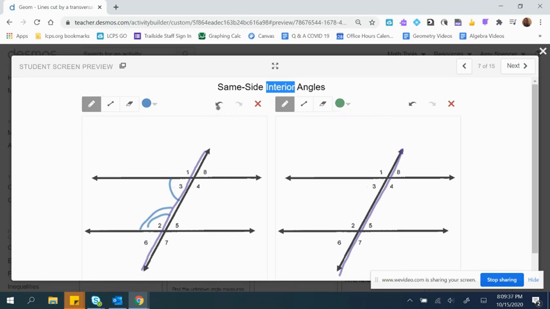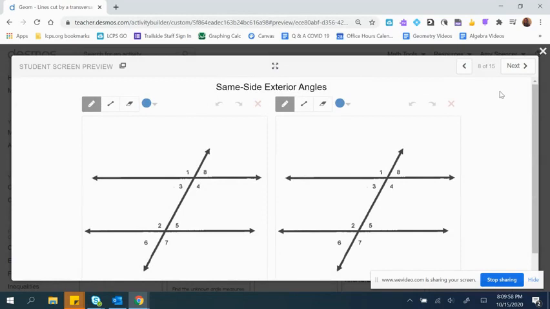You can also have those, instead of being both on the left of the transversal, maybe you're looking at what you have on the right of the transversal. And so that would be your angle 4 and angle 5 to consider. They're both on the right, but they are not adjacent, and they are both going to be interior.